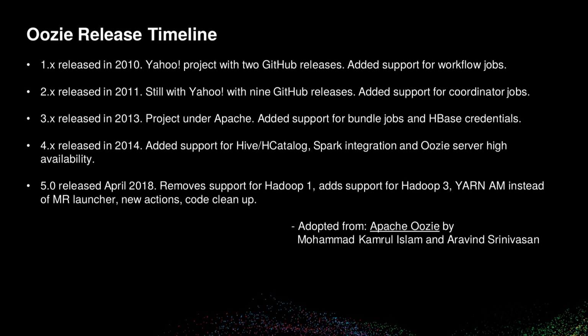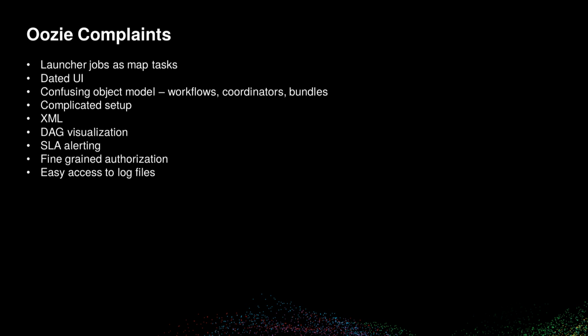Hadoop 1 is removed in 5.x, right? So if you're running HDP 1.3, I'm sorry for you. And there's support for Hadoop 3 and YARN application master support, so I'll talk about that. That's a really important feature. You'll really like it.